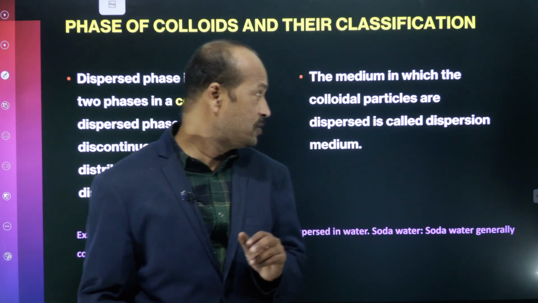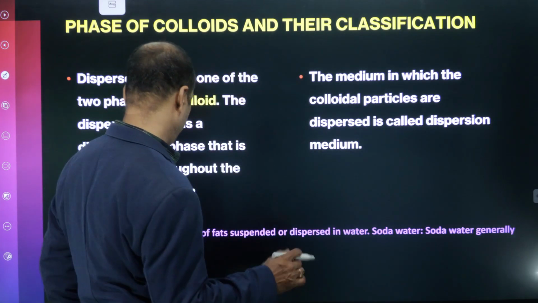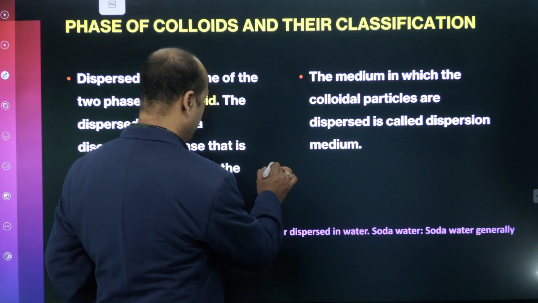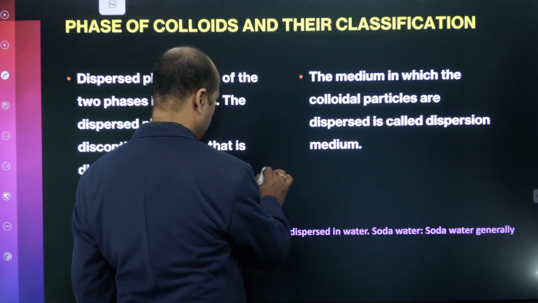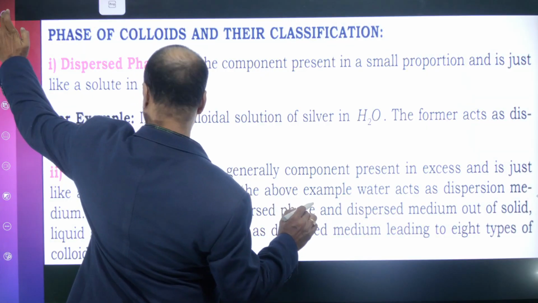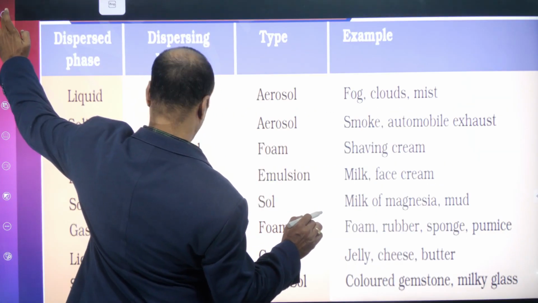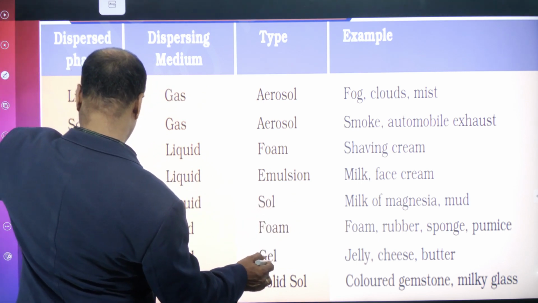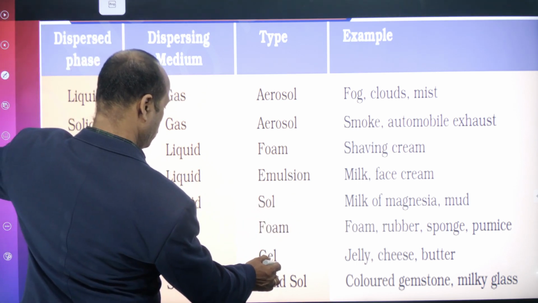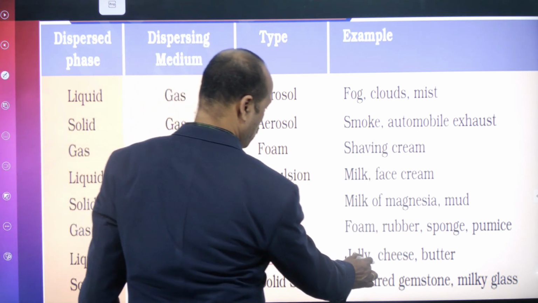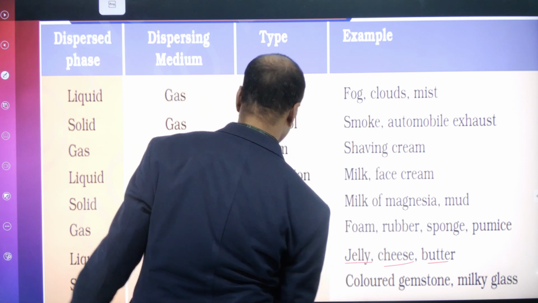Okay. Now, for example, let us take liquid with solid. This is a gel. Examples for gel are jelly, cheese, and butter.